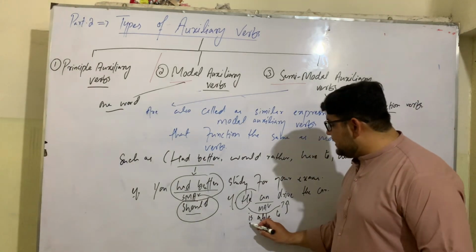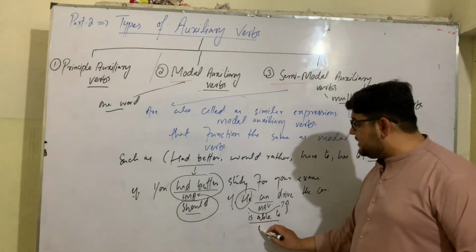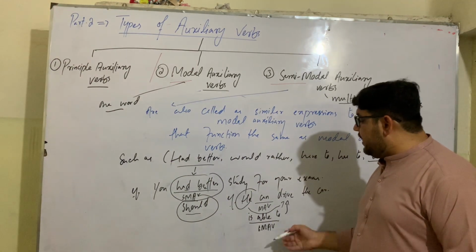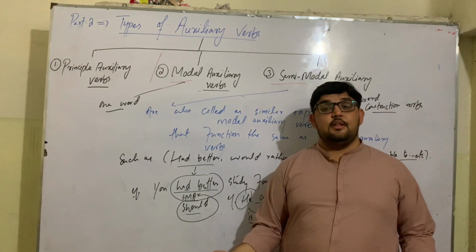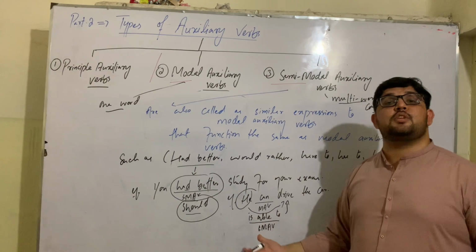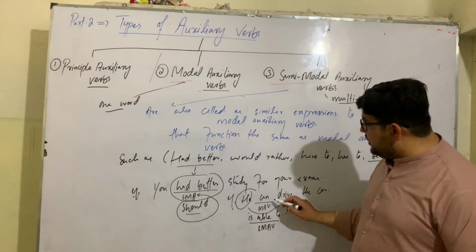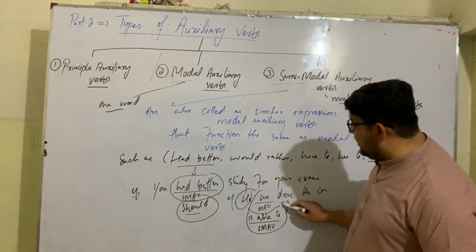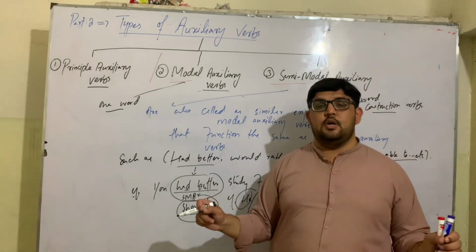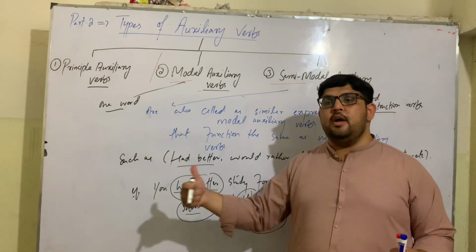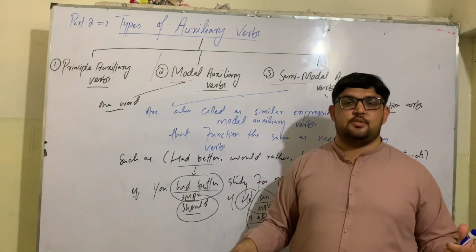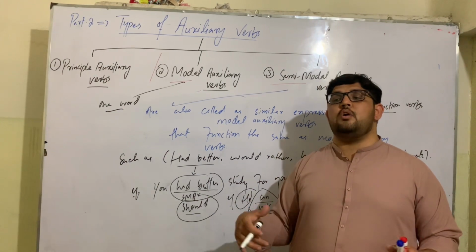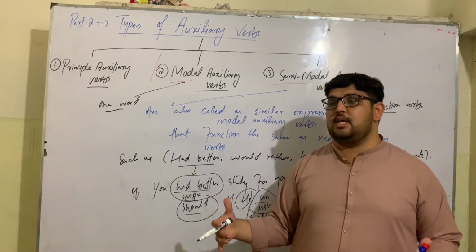So is able to or be able to is a semi-modal auxiliary verb, and it is also used to show ability the way the modal auxiliary verb can shows ability. So functions or usages are similar. The difference is the construction. One word construction and multi-word construction. All the other functions are similar to each other.